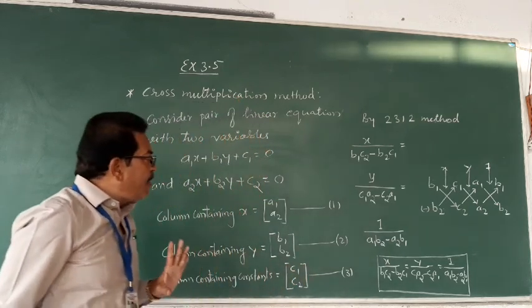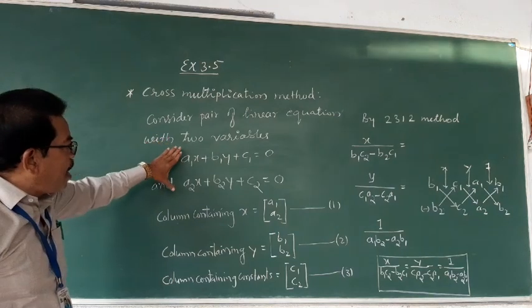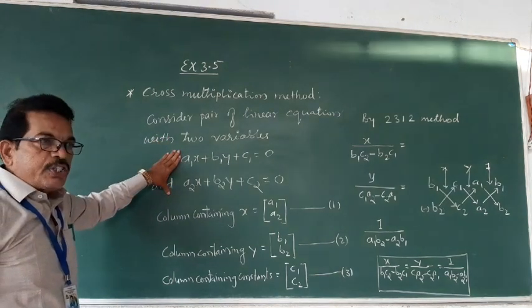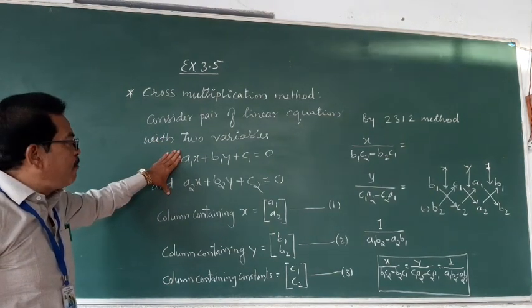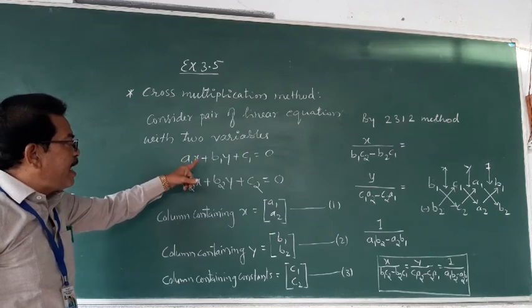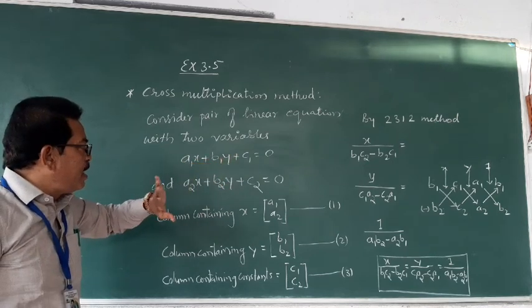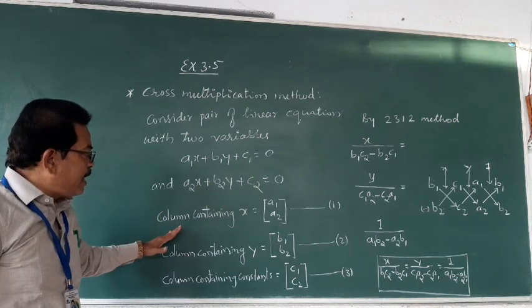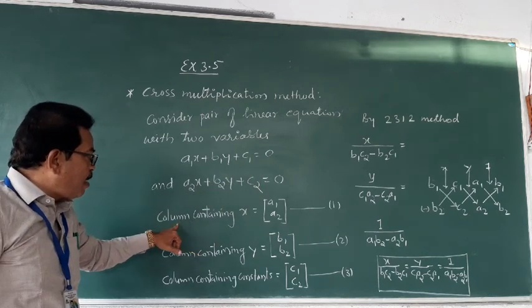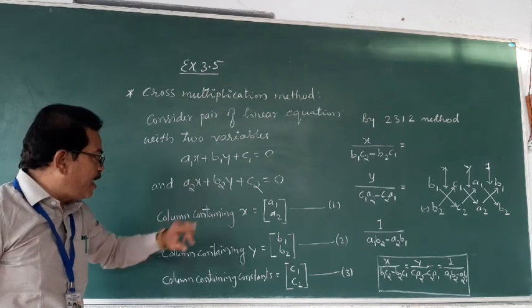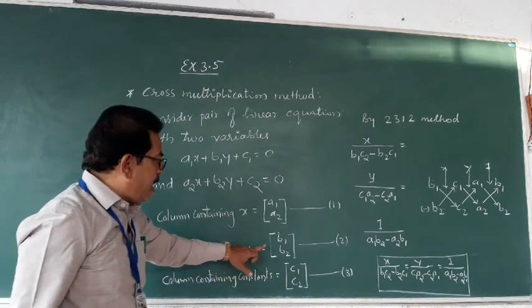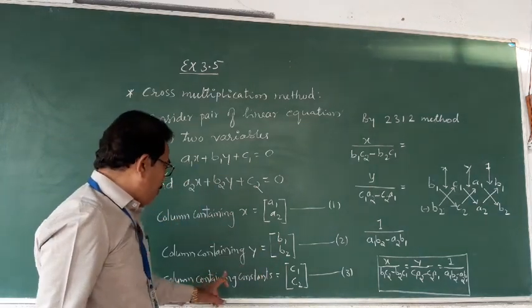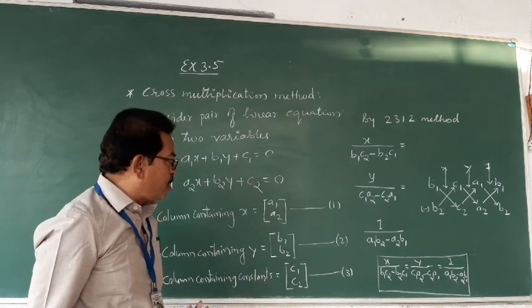See, once again I will explain. First of all, we have to consider the standard form of the pair of linear equations: a1x plus b1y plus c1, a2x plus b2y plus c2 equals 0. Then you extract the column containing x as a1 a2, the column containing y as b1 b2, and the column containing constants as c1 c2.